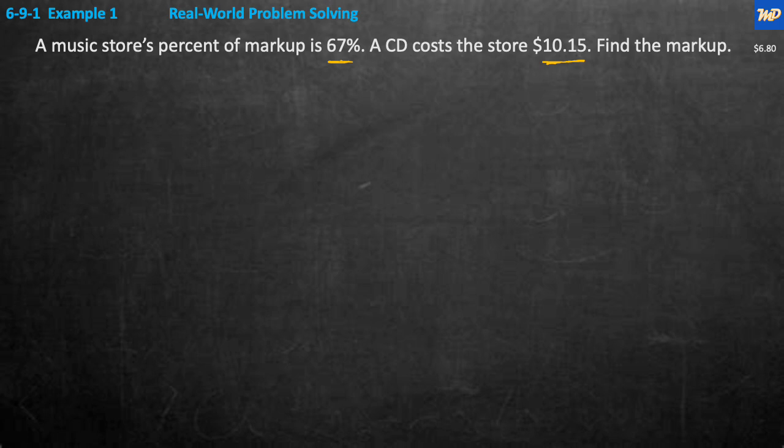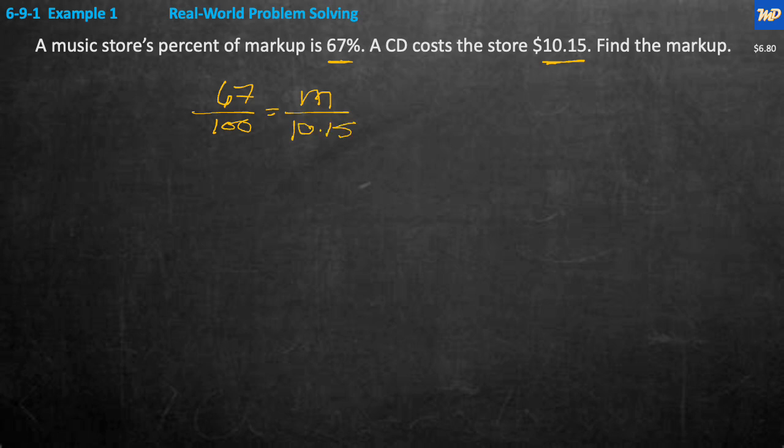Well, let's find out. We're going to write this like we did in the previous example. We'll say 67 over 100 is equal to, and what we want to find is the markup. We want to find M for markup, divided by $10.15.